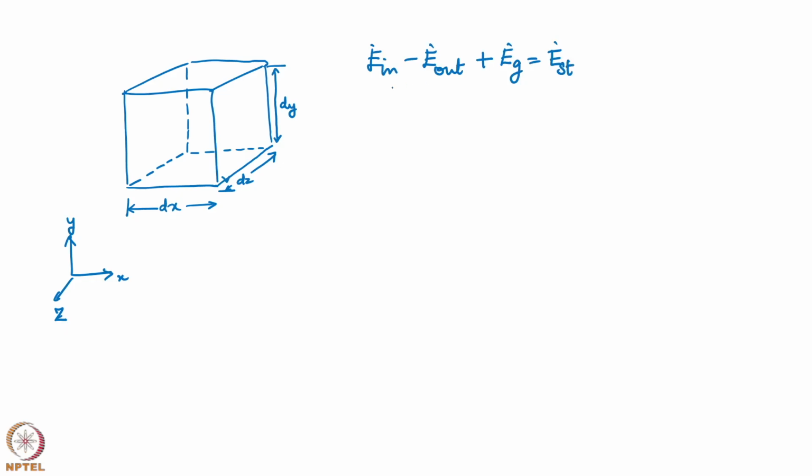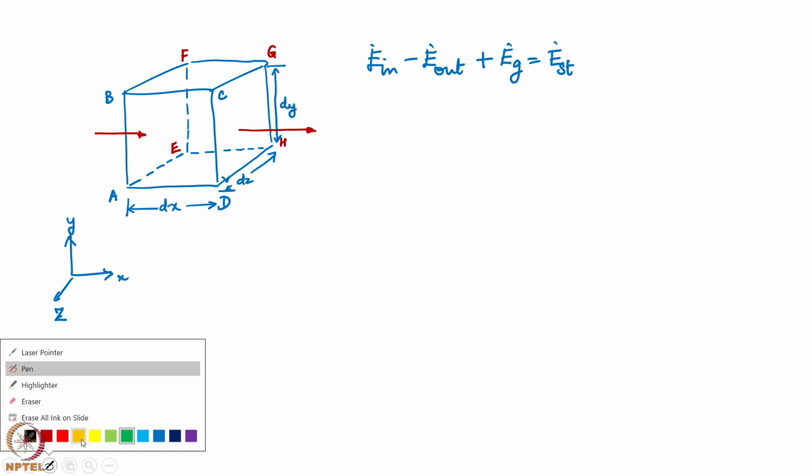Now, if I am able to write expressions for all these four quantities, we will be able to get the differential equation. So, let us look at these surfaces given as A, B, C and D here, and let me use a slightly different color for this. E, F, G and H would be the backside faces, and I do not want to clutter the diagram. So, let me just show arrows on this face. This is one set of arrows, the other set I will use a slightly different color.